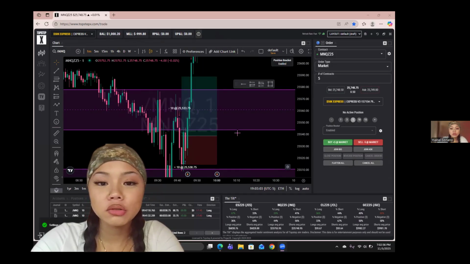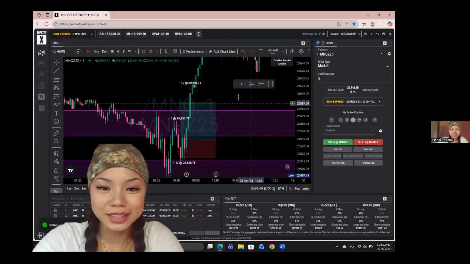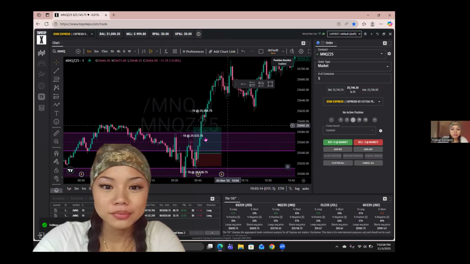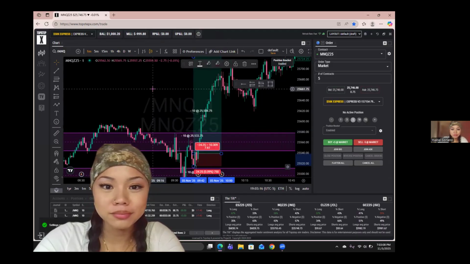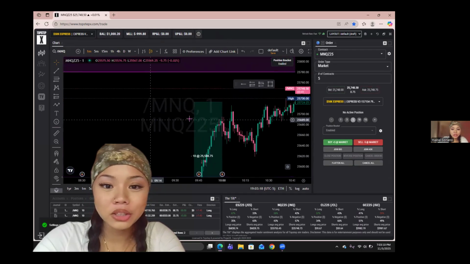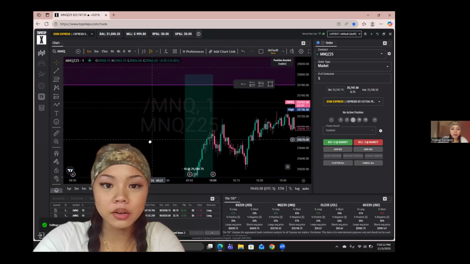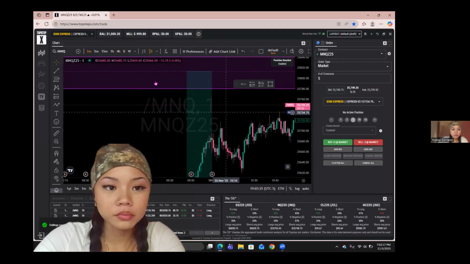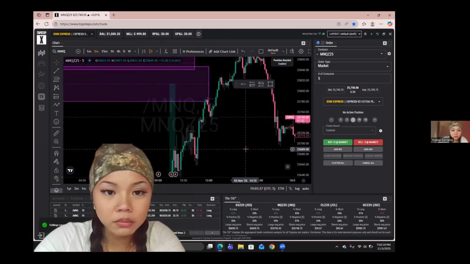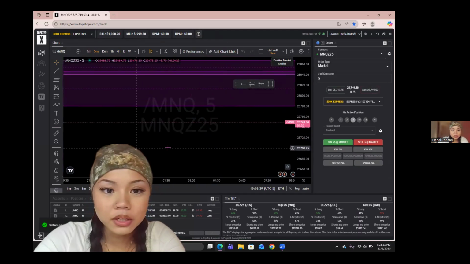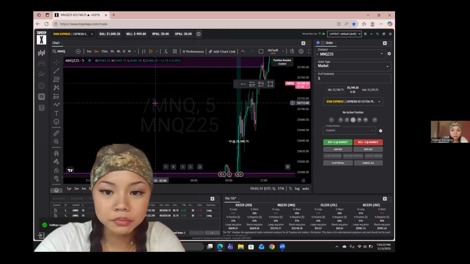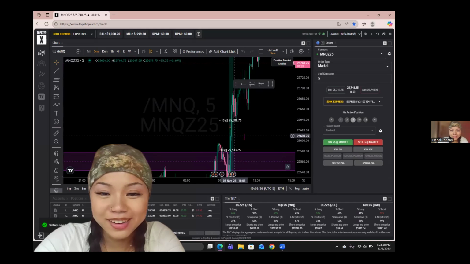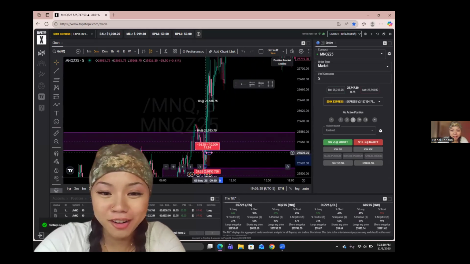That is basically my trade, but like I said, if you wanted to hold, we eventually hit 50% of this 5 minute. Let's go down to the 5 minute. 5 minute fair value gap here, and that is an 11 RR.